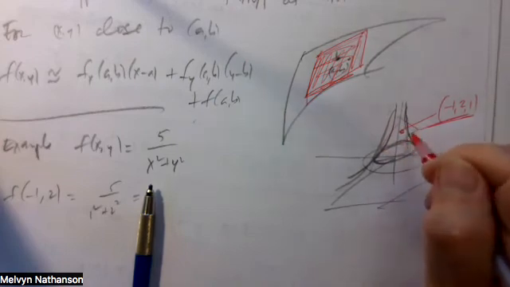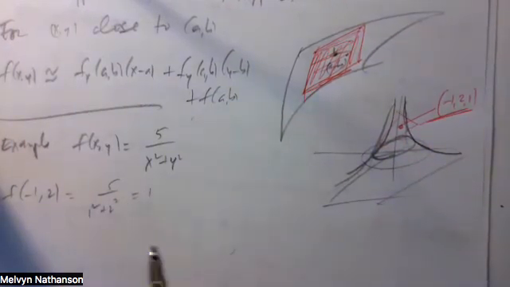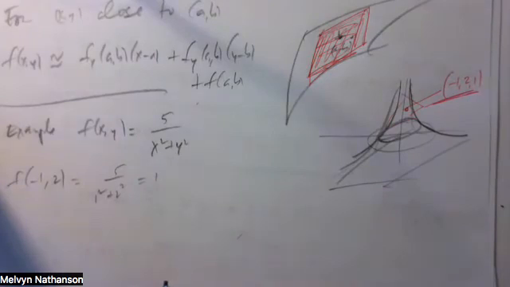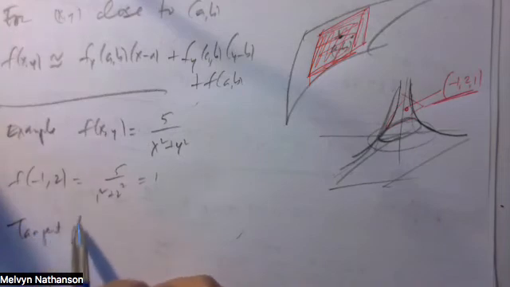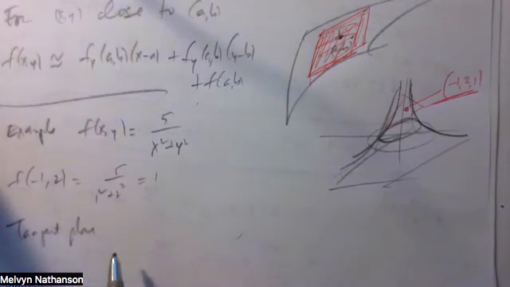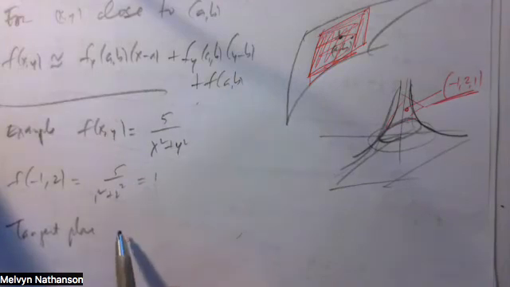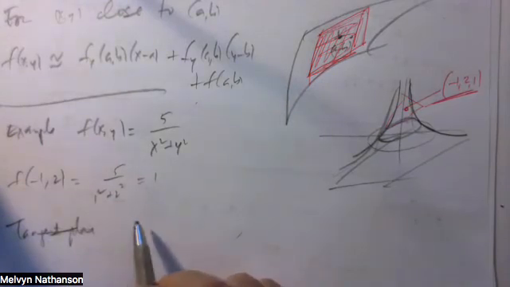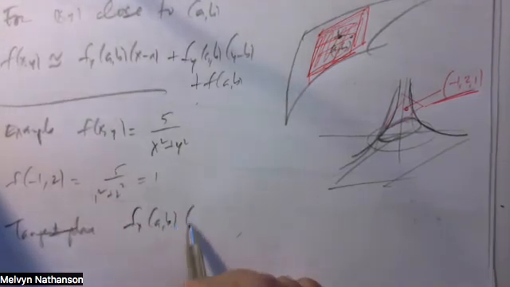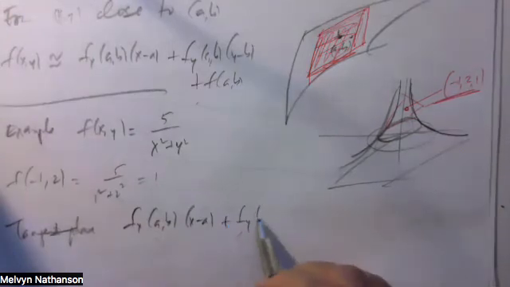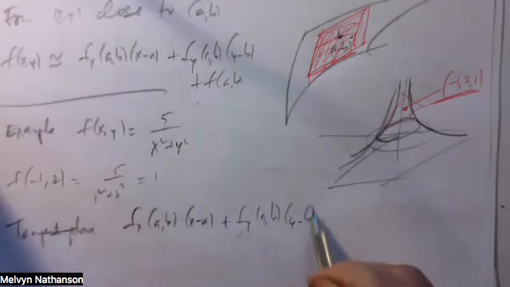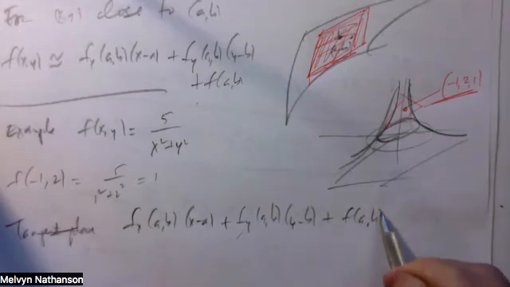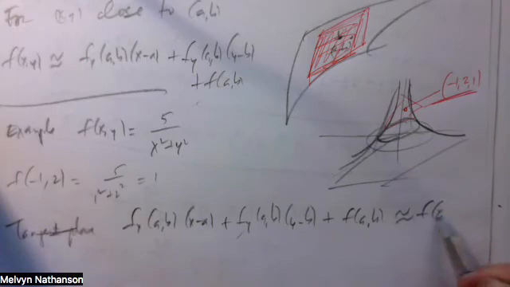And I want to approximate the function by this linear function, the tangent plane. It's f sub x at A, B times x minus a, plus f sub y at A, B times y minus b, plus f at A, B. So this is going to be approximately equal to f of x, y.